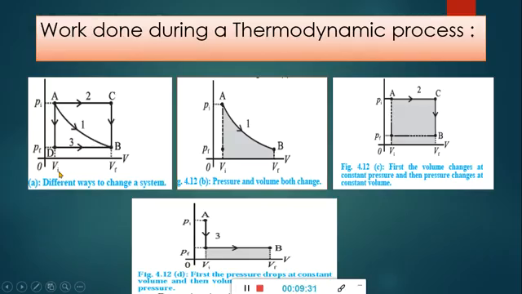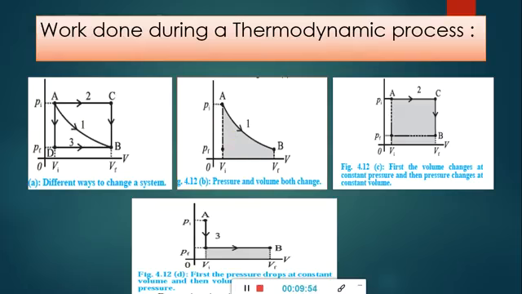For the initial state we have taken VI and PI, for the final state VF and PF. The initial point is A and the final point is B. Initially they start from here only and finally they have to reach point B only, but there are different ways. These are the paths.